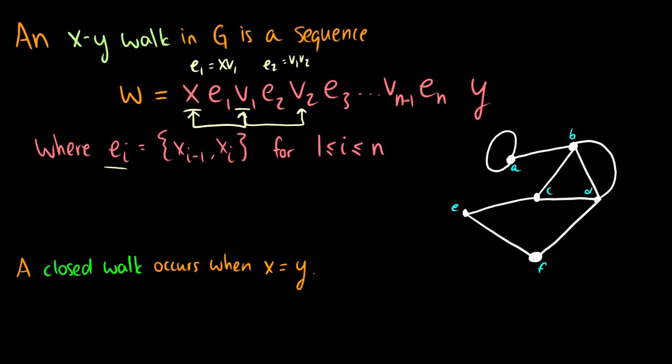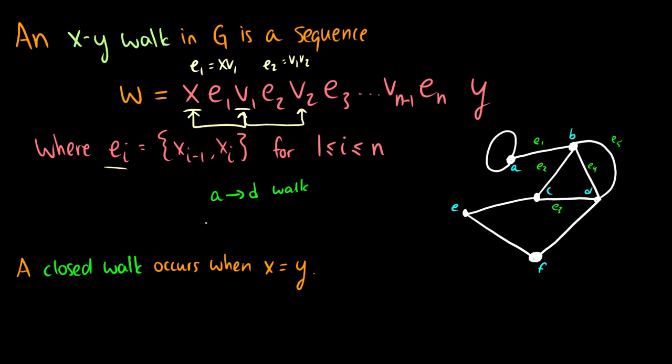So let's take a look. Let's find a walk from A to D. So this is how I write the walks and paths. So just A arrow D walk. So how can we do that? Well, we should probably label these a little bit. We'll call that E1. We'll call this E2, E3, E4, E5.